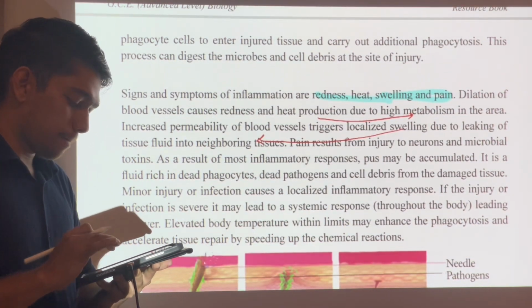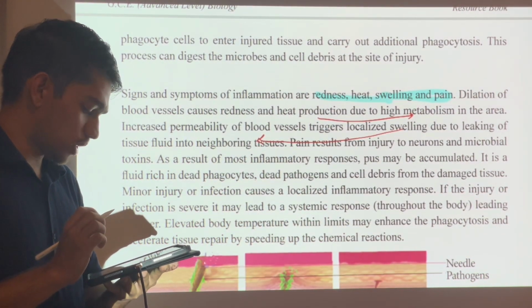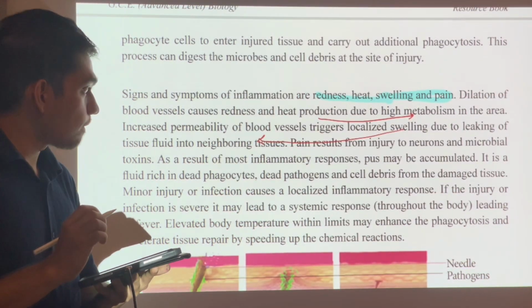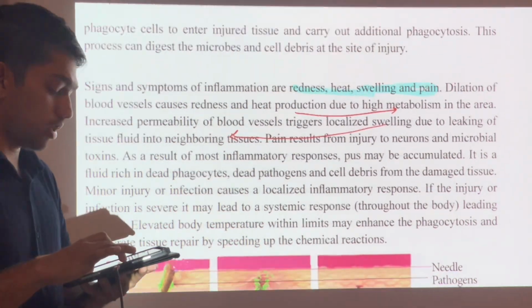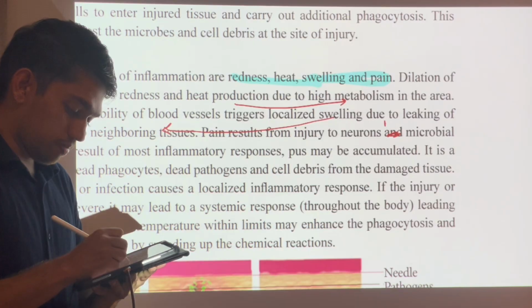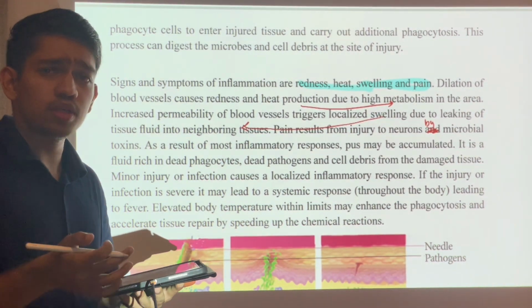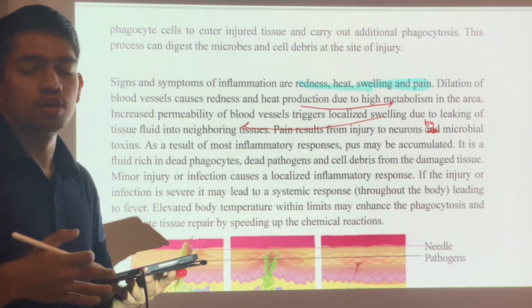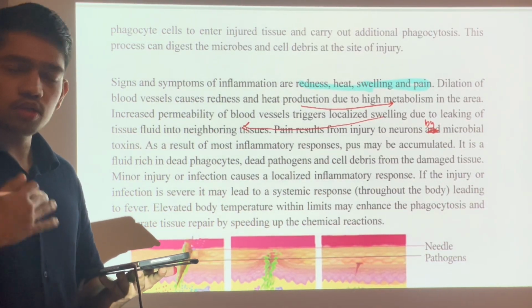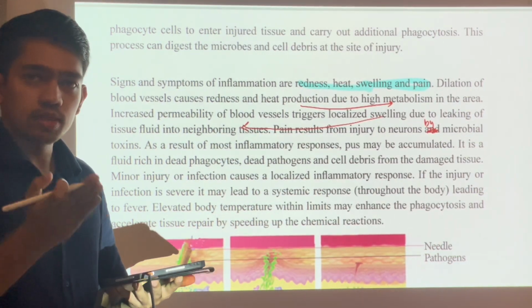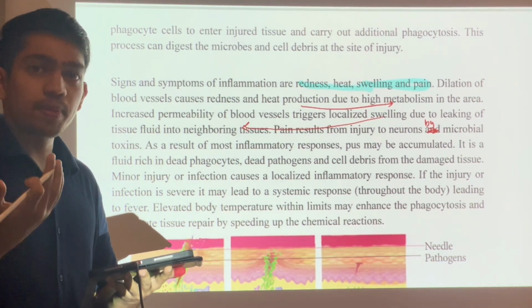Then pain. Pain results from injury to neurons by microbial toxins. So toxins are going to damage cells, that includes neurons. So when neurons are damaged, they are going to generate a stimulus that we can sense as pain, right?